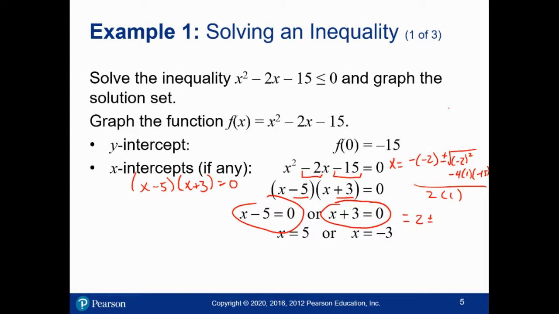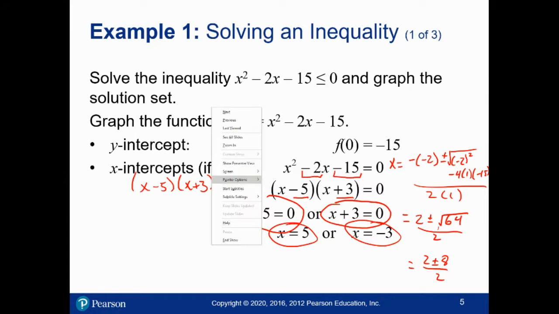Plus or minus, negative 2 squared is 4, and then I have negative 4 times 1 times negative 15, so that's positive 60, so I have the square root of 64, all over 2a, that's 2. The square root of 64 is 8, so I have 2 plus or minus 8 over 2. If I do 2 plus 8, I get 10. 10 over 2 is 5. 2 minus 8 is negative 6. Negative 6 over 2 is negative 3. You'll get the same answer.